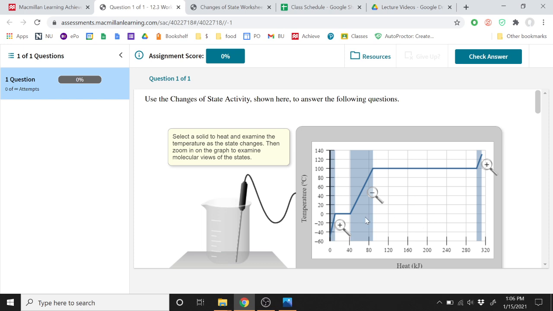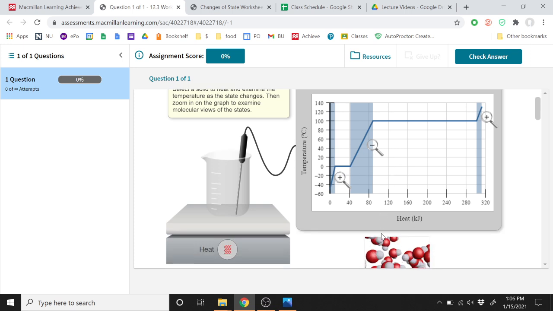Okay, so I get my number for the heat that caused the temperature to go from 0 to 100 degrees Celsius. I'm going to need to look at a change in temperature. So what is a change? Change means a final, where it stopped, minus an initial, where it started.